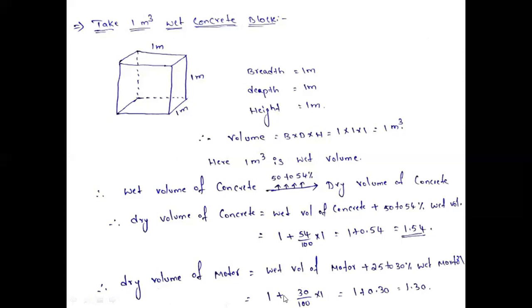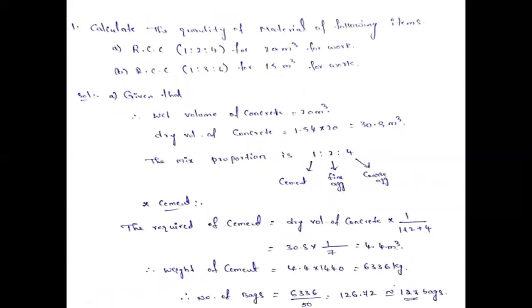Wet volume of mortar is 1 cubic meter, so 1 plus 30 divided by 100 into 1 equals 1 plus 0.30 equals 1.30. We take 25 to 30 here, and 50 to 54 for concrete, any one; 50 to 52 is taken for M5 grade to M10 grade. It is the dry volume of mortar. So solve the problem.